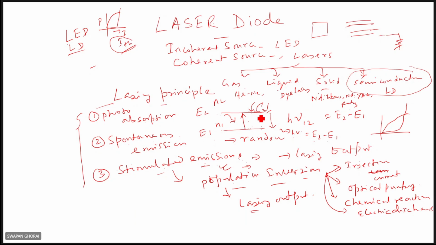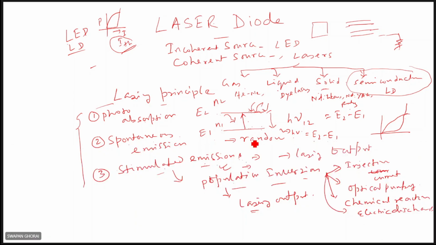But whenever photon absorption occurs, there can be another type of emission. Suppose at a certain instant, electrons are excited and they are in the upper energy state. In that situation, if photons strike the system, then the excited electrons will be forced to make a downward transition, right?